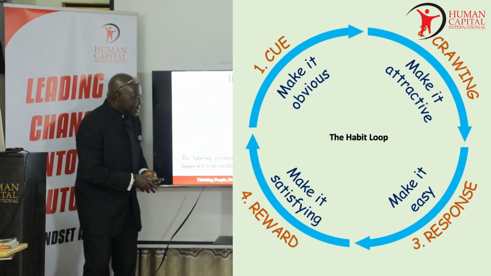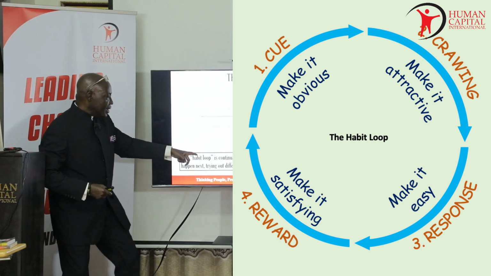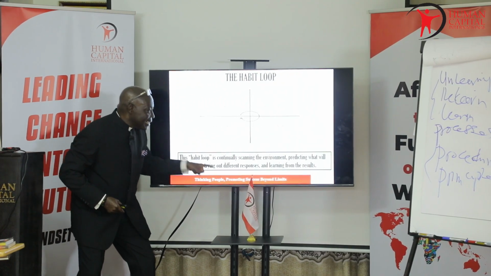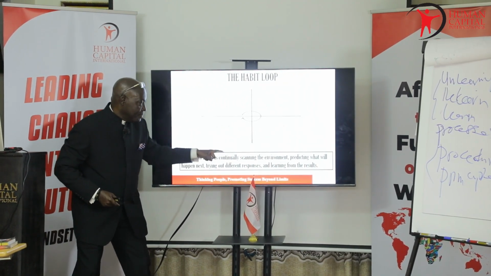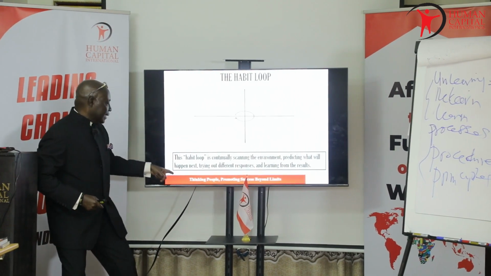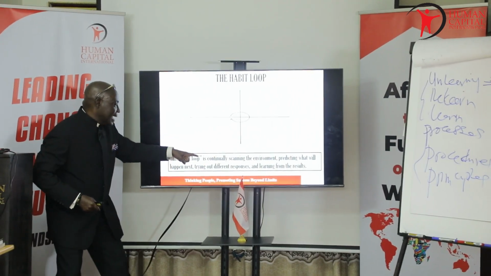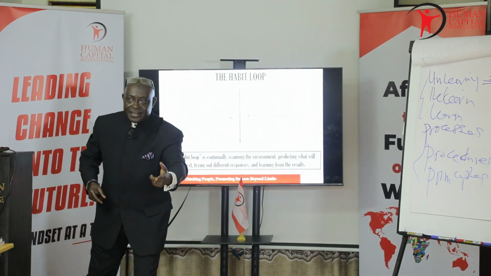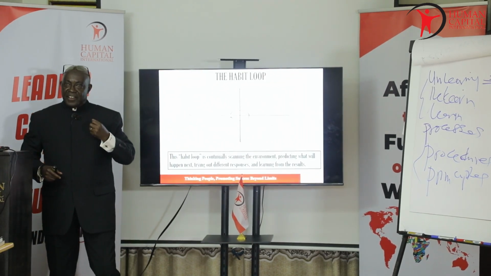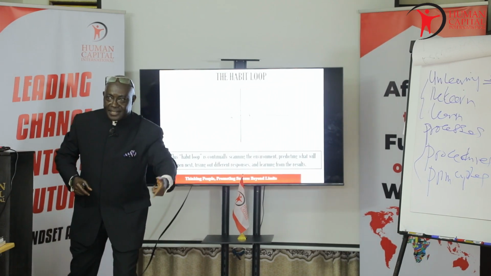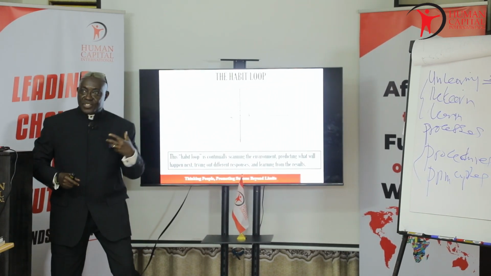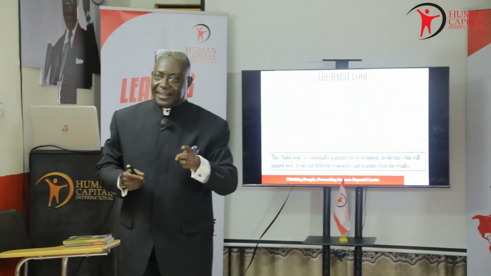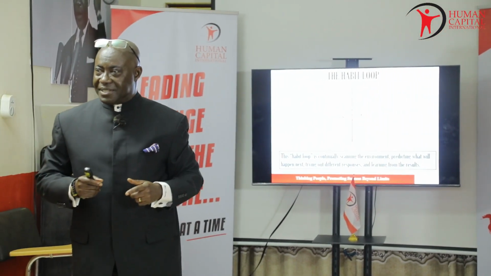So the more I repeat this action, the habit is continuously scanning the environment, predicting what will happen next and trying out different responses, the reward. So it either is a regret or positive. If it's positive, what do I do? I repeat it. So the cycle goes on. If it's not a positive thing and it's a regret thing, then I can break that cycle by changing the habit.